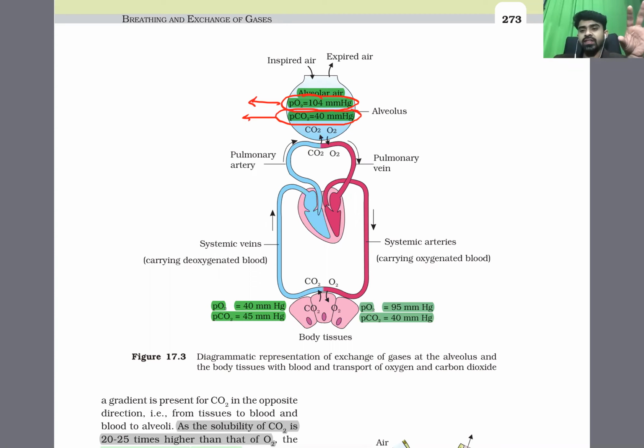Volume percentage is not the same as pressure. It is 13% oxygen in the alveoli. In the atmosphere, the percentage of oxygen is 20%, and of carbon dioxide is 0.04. You can see that if you divide by 8, you will get the result.